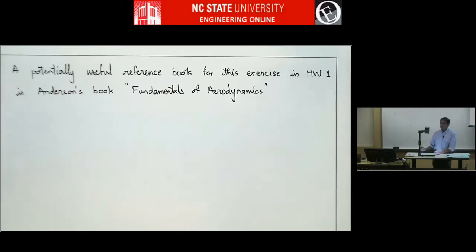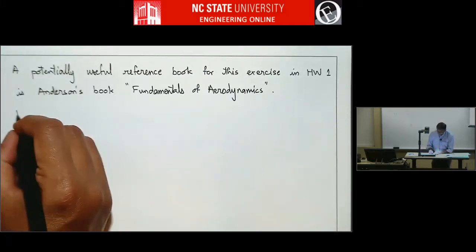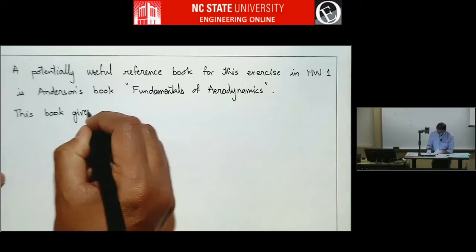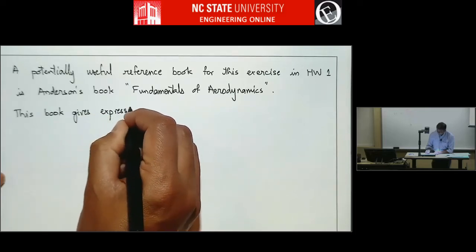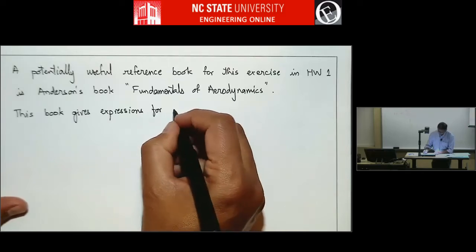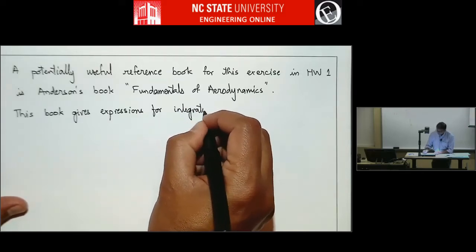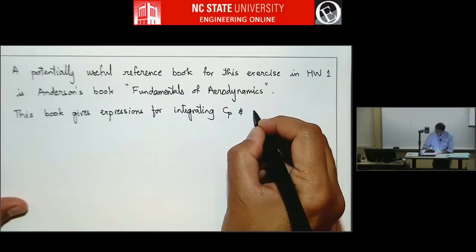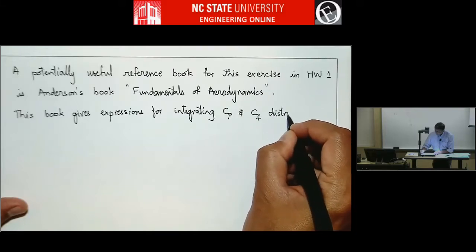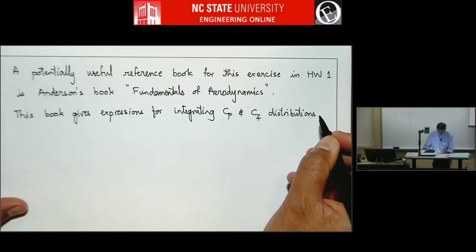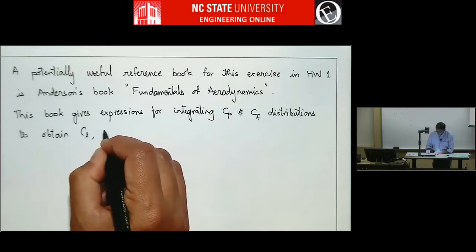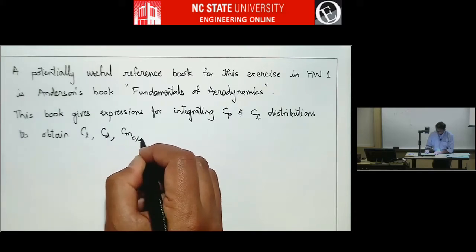This is the book that's used in the undergraduate Aerodynamics 1 course. So this book gives expressions for integrating CP and CF distributions to obtain lift coefficient, drag coefficient, and pitching moment coefficients.